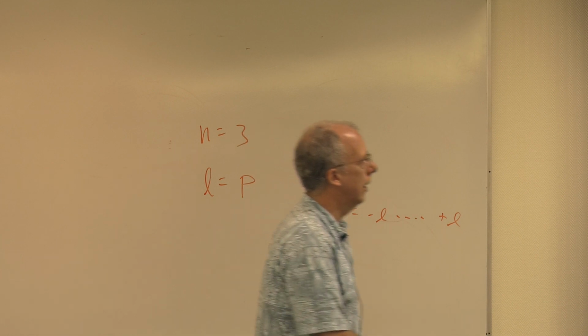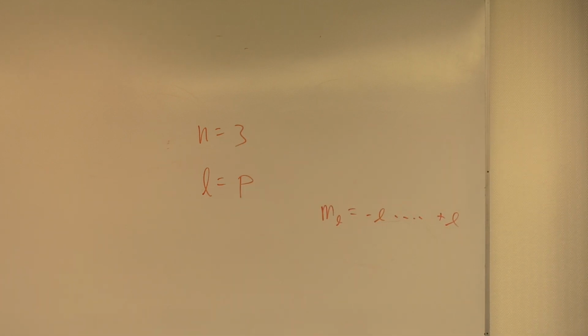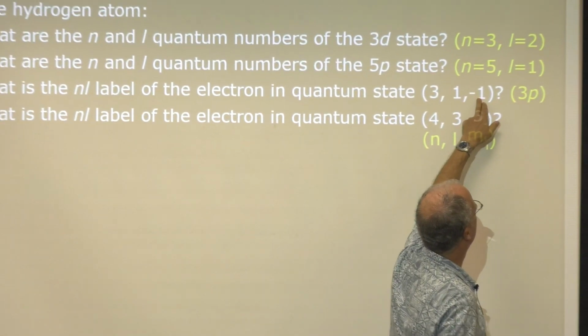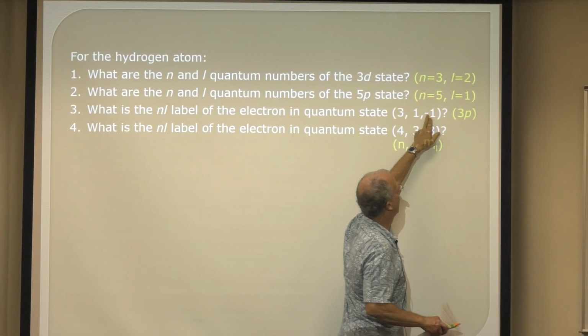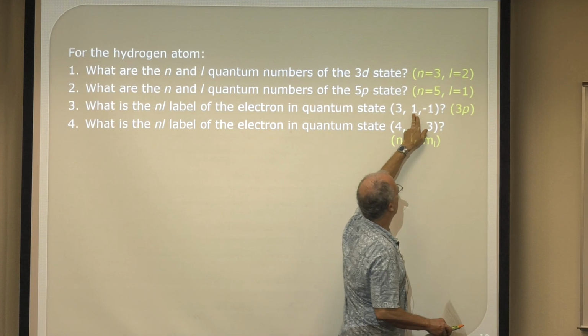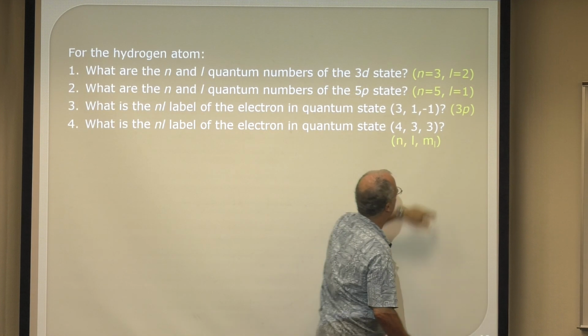That's all you really have to say, because all we asked for is the nL. So this didn't really matter, but it's still okay to realize it's possible, because m sub L goes from -1 to +1.